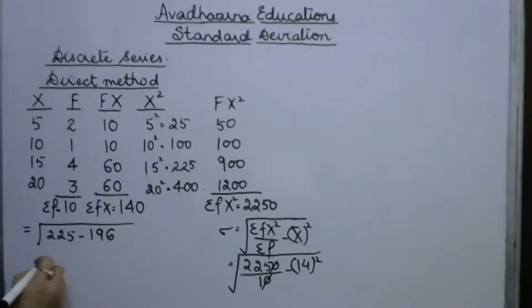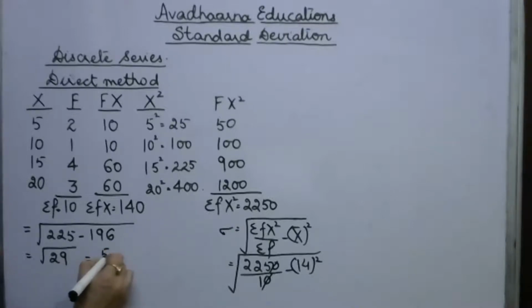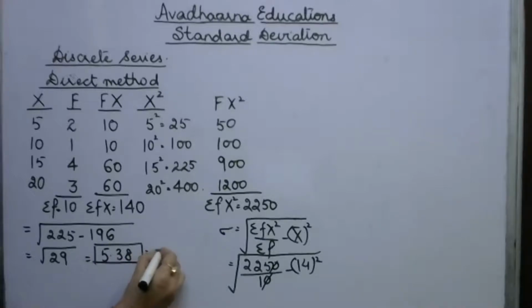So 225 minus 196, it is going to be under root of 29. If I'm going to calculate the under root of 29, I'm going to get 5.38. So the standard deviation of the series is 5.38. This is the answer.